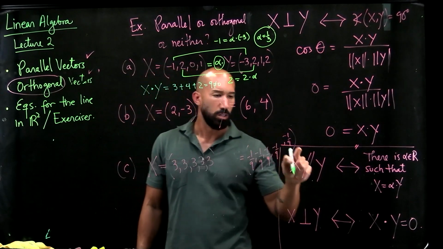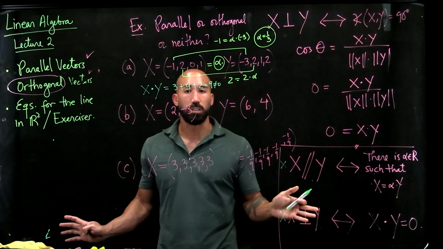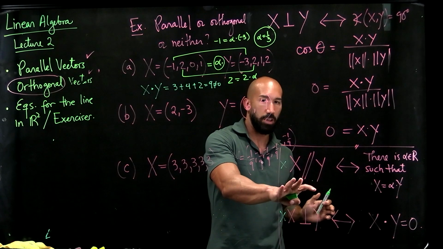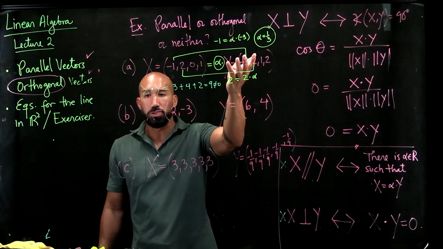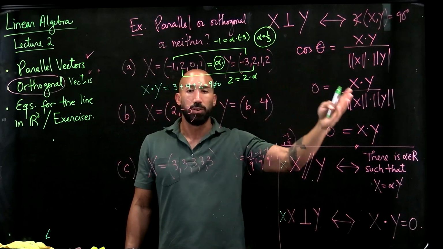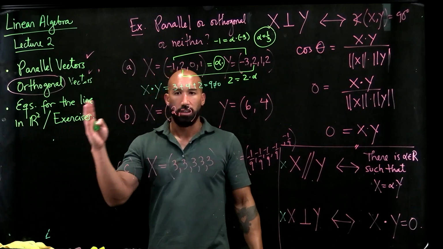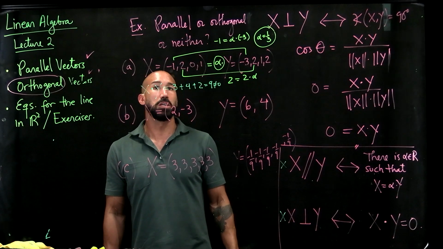So this condition failed. This condition also failed. It's neither parallel nor orthogonal. That means that the angle between these two vectors is neither 0 nor pi nor pi/2. Is that okay? Is that good?